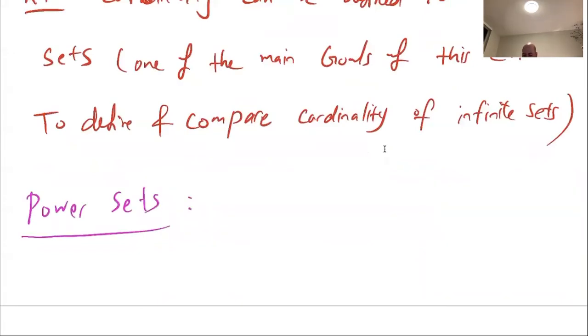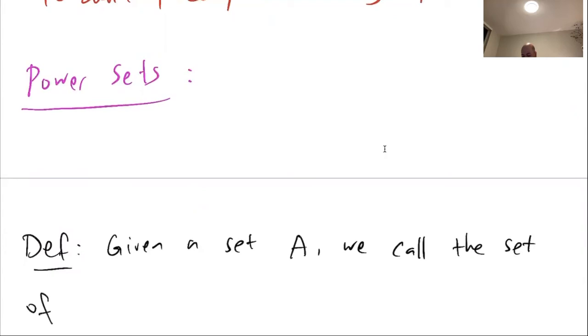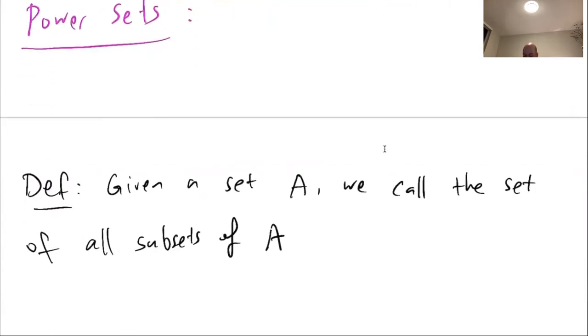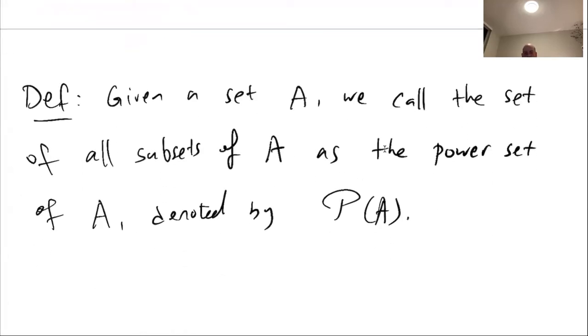Definition: given a set A, we call the set of all subsets of A the power set of A, denoted by P of A. Like this, curly P of A means the set of all subsets of A, and it's called the power set of A.